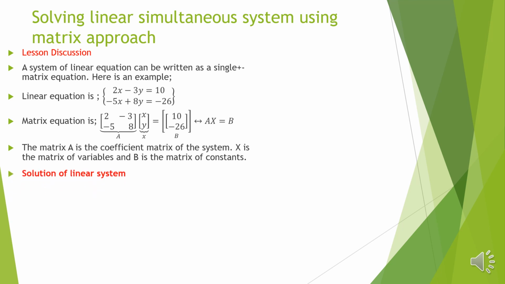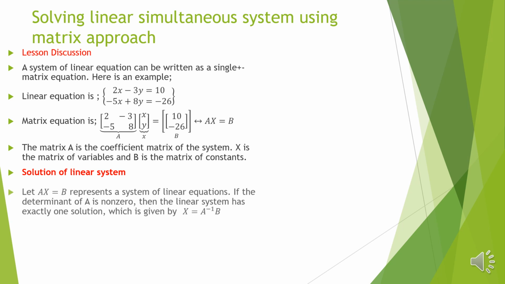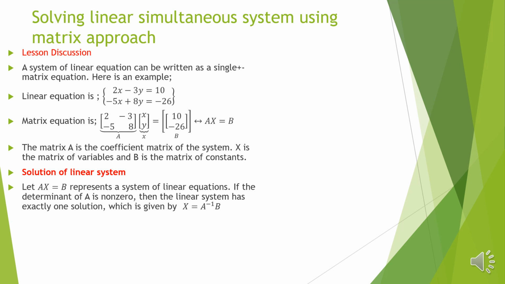Now, the solution of this linear system. Consider that we let AX equals B represent a system of linear equations, and if the determinant of A is non-zero, in other words, the determinant is not zero, then the linear system has exactly one solution, which is given by X equals the inverse of A multiplied by B. Are you together?